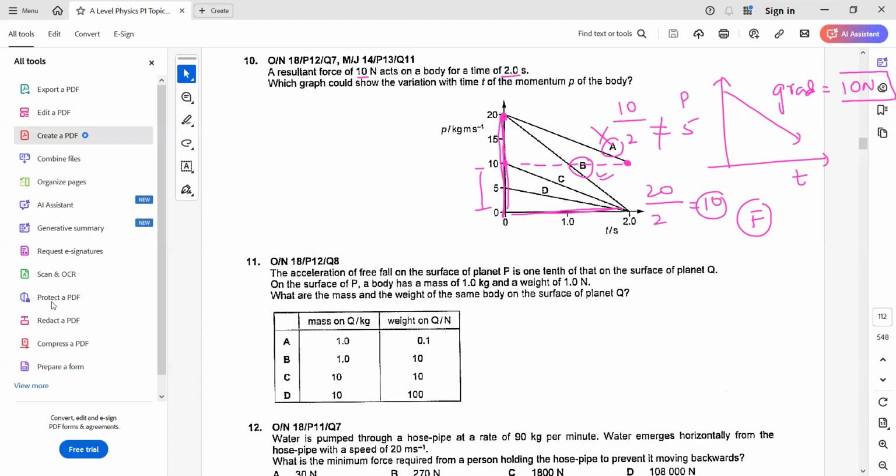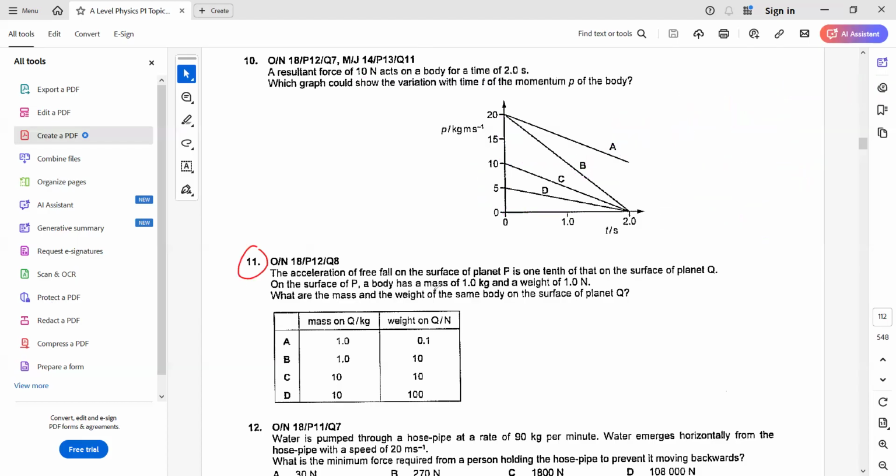Okay. Next, question 11 says the acceleration of free fall on the surface of planet P is 1/10 of that on the surface of planet Q. On surface P, a body has a mass of 1 kilogram and weight of 1 Newton.